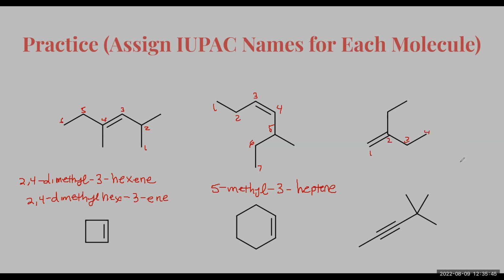That'll be a 4-carbon chain, so we can indicate that as butene. The alkene starts on the 1st carbon, so I can put 1. And then on the 2nd carbon, there's this whole ethyl group hanging off, so I can write 2-ethyl-1-butene. That would be the compound name.